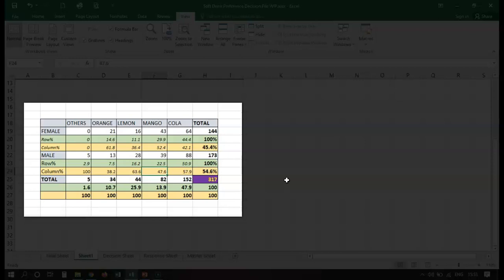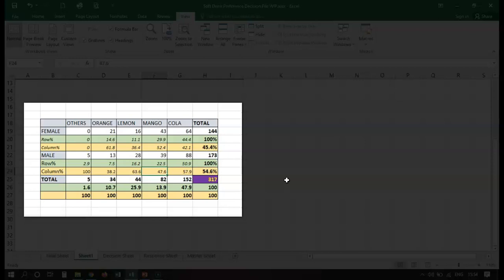So what we have found from this table is that cola is favorite for both the genders, because 44% of the females like cola and 50.9% of the males like cola. But out of these cola lovers, we see there is a contrast. 58% of cola lovers are male and only 42.1% of the cola lovers are female. Likewise, 63.6% of the lemon lovers are male, and only 36.4% of the lemon lovers are female.